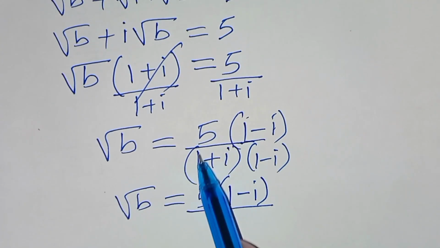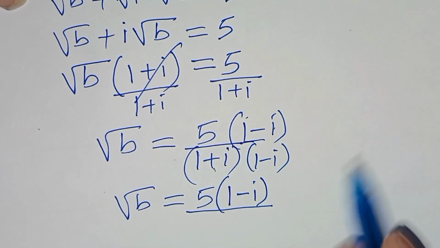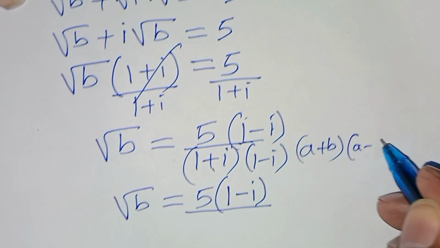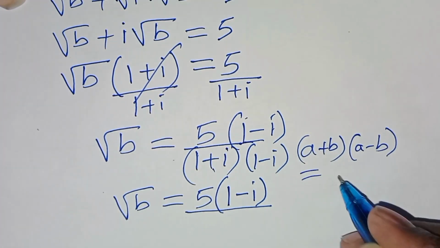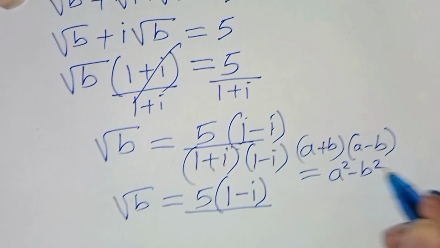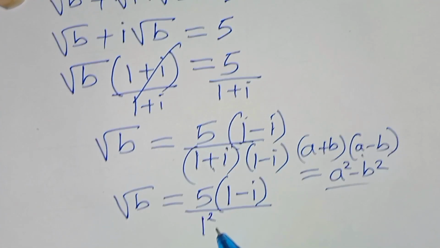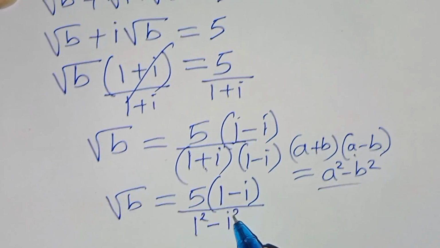Now if you check the denominator, this is in the form of a plus b, a minus b, which we can express as a squared minus b squared.